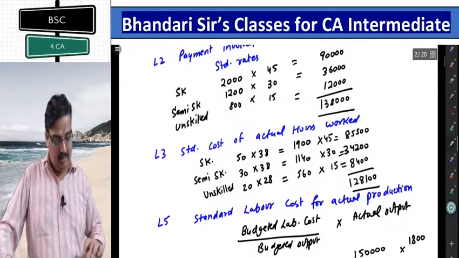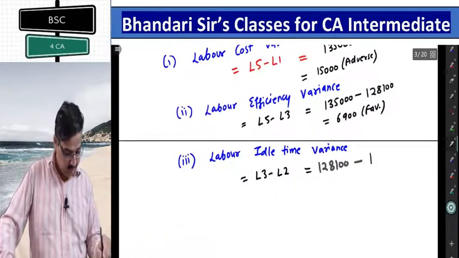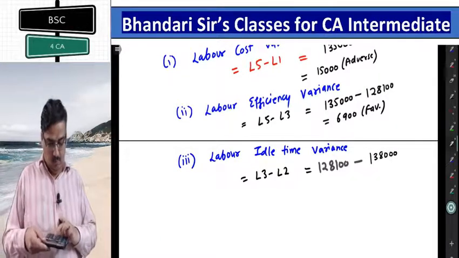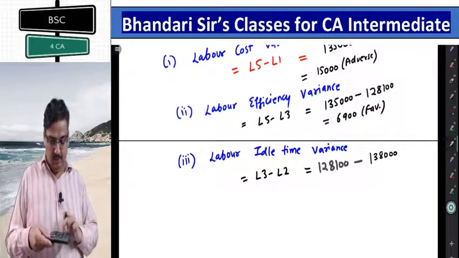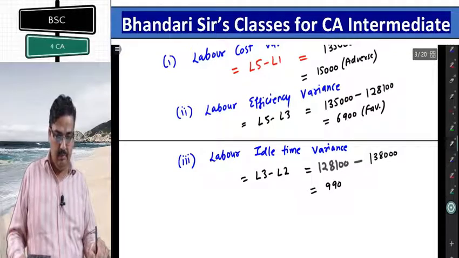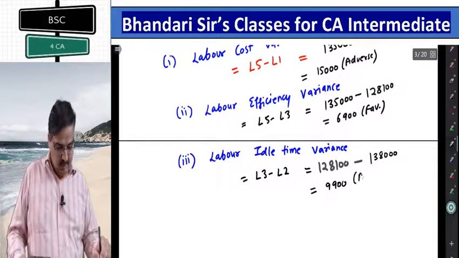L2 is 1,38,000. $128,100 minus 1,38,000. This is 9,900 adverse.